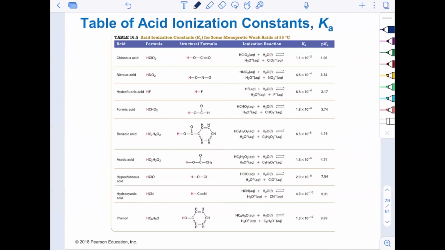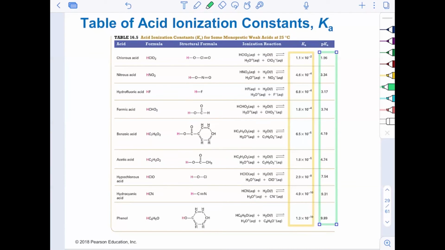Now we have a nice chart here to tell us what the common Kas are for a lot of our acids. We see them right here. Next to it is a pKa. I just want to highlight this. We'll talk more about the pKa a little bit later, but it is a much easier number to digest.